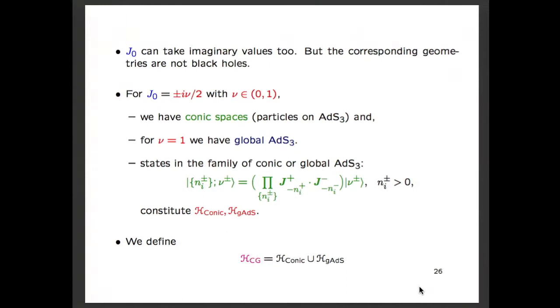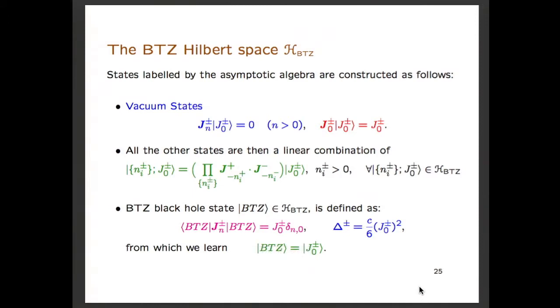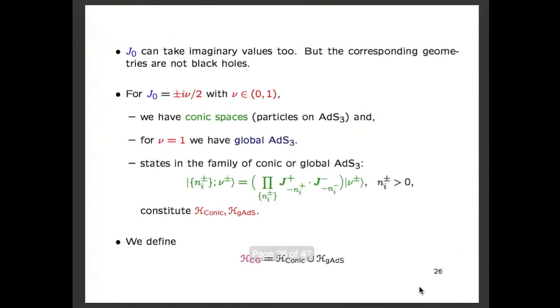If I take this J naught to be real, I am describing the sector of the Hilbert space associated with the BTZ black hole, but J naught could be imaginary, and then with this convention of plus minus i over 2, I have the conic spaces, their Virasoro descendants, and global AdS3.